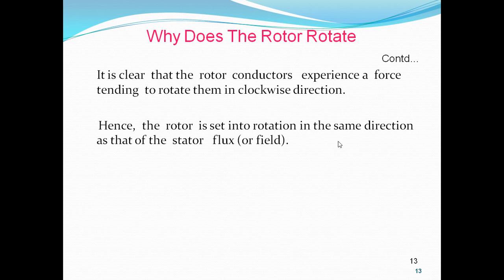As I explained in figure C, on the right hand side of the conductor the resultant flux is weakened. On the left hand side it is strengthened and pushes the conductor in the clockwise direction, the same direction as the stator flux rotates.